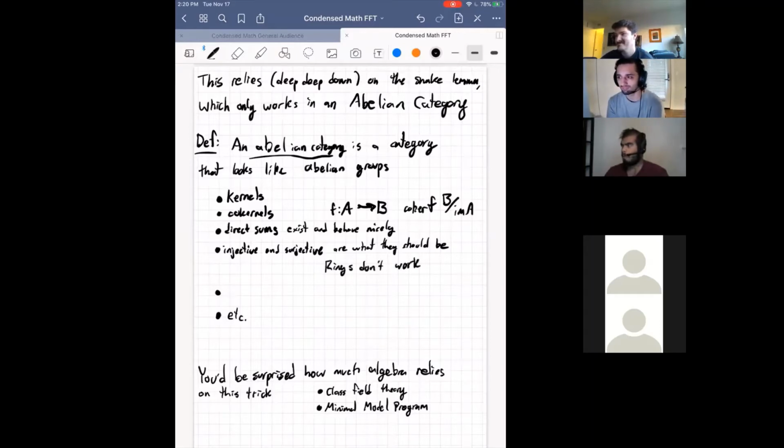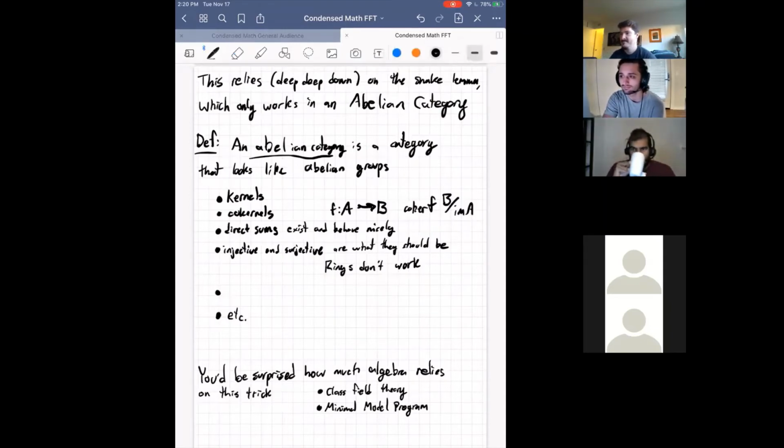This is a question you may or may not have seen on the algebra exam: you can construct a map from Z to Q that, in the sense of category theory, should be a surjective map, but it's not surjective because it's a map from Z to Q. So again, rings don't work here, but modules over any ring will work.